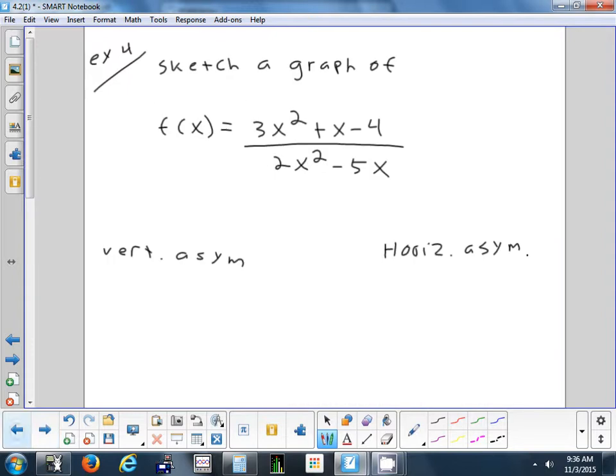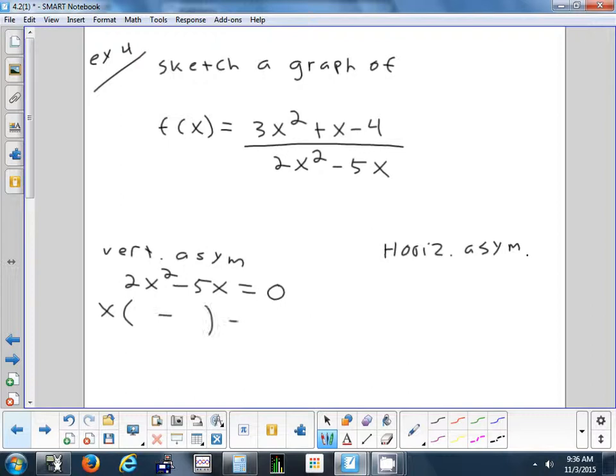All right, so this time my denominator is 2x squared minus 5x. Okay, we're going to factor it, but we don't have to use any kind of complicated factoring here. We just factor out what they both have in common, which is what? X. Take that out.